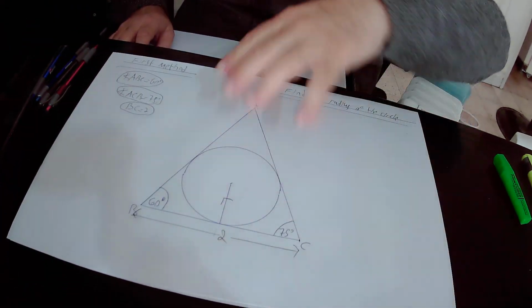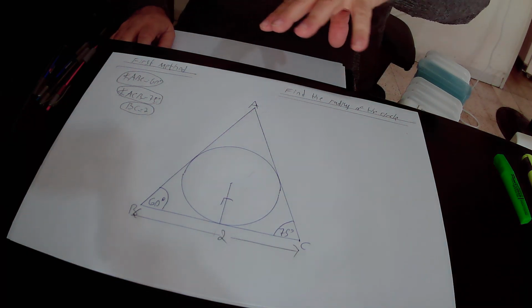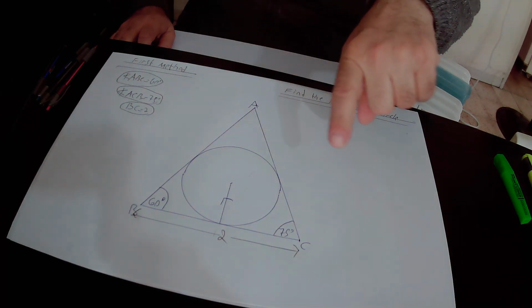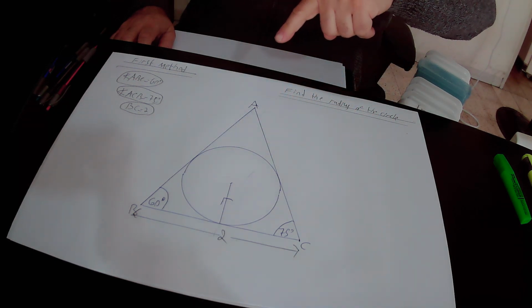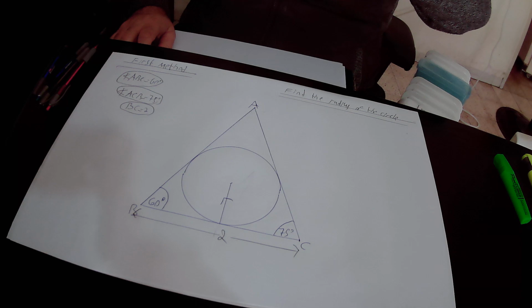Now, in this lecture, we find out the radius of a circle using two different methods. In the drawing, we have triangle ABC that blocks the circle, or the circle is inscribed by triangle ABC.